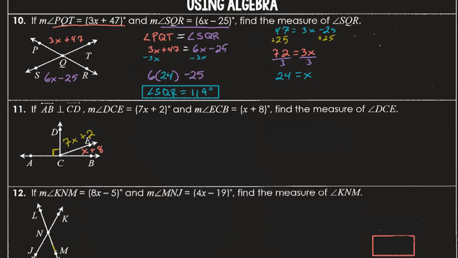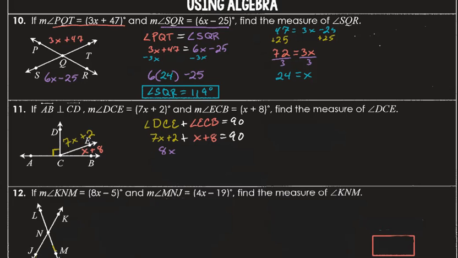So, angle DCE plus angle ECB equals 90 degrees. Now you can substitute in the known expressions. 7x plus 2 plus x plus 8 equals 90 degrees.